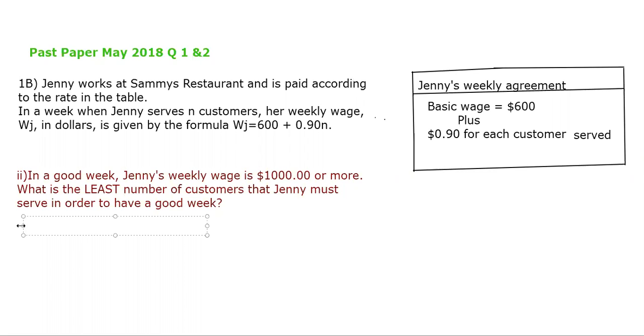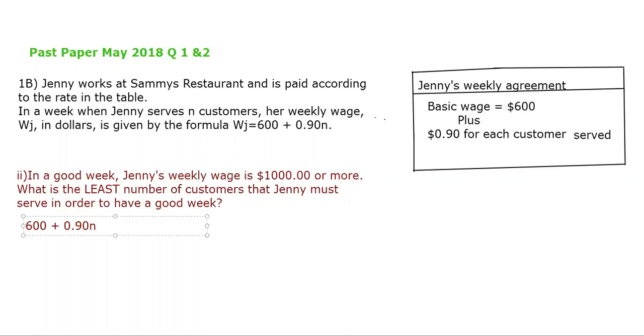So we need to find out the number of customers for the $1,000. Let us start the process by writing the formula: 600 plus 0.90n. That is the general formula that we know of.